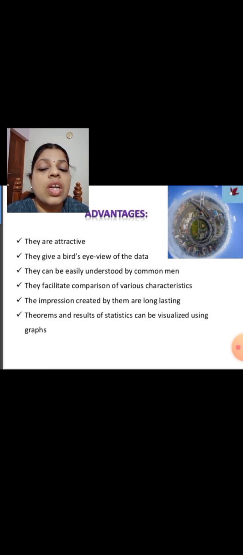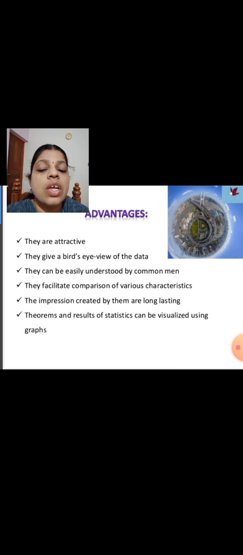The next one, they facilitate the comparison of various characteristics. Children, we know that for every data, some inherent characteristics are there. So this diagrammatic presentation facilitates the comparison of the various characteristics of that data.